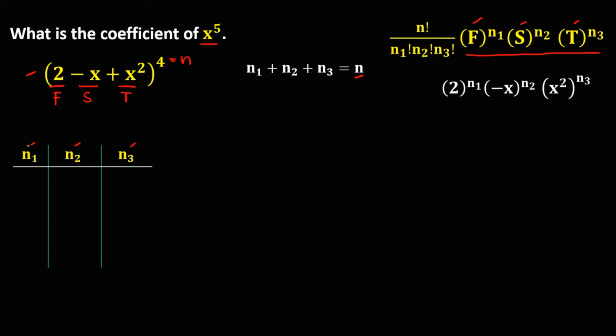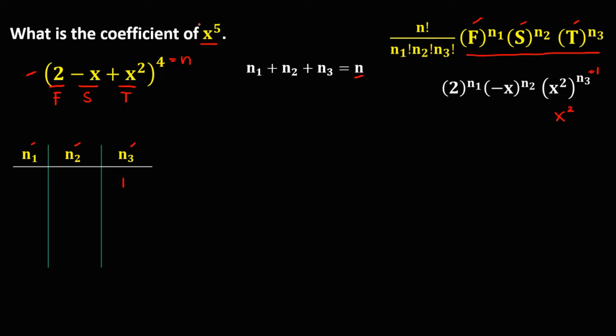Now to find the possible values for n sub 1, n sub 2, and n sub 3: if n sub 3 equals 1, then x squared to the power 1 becomes x to the power 2.